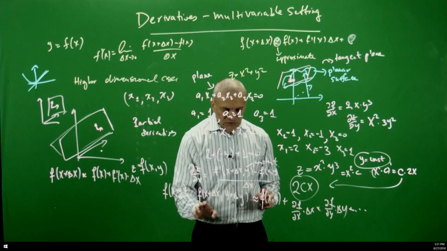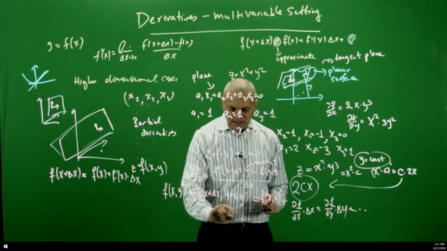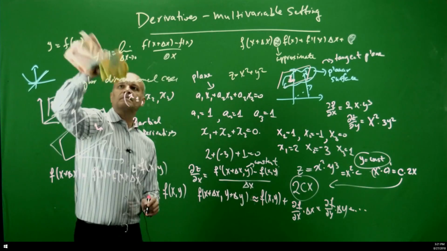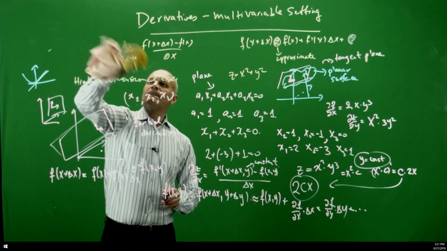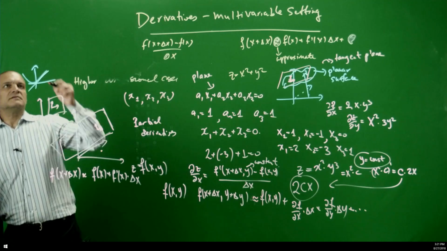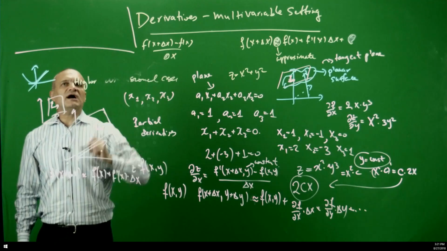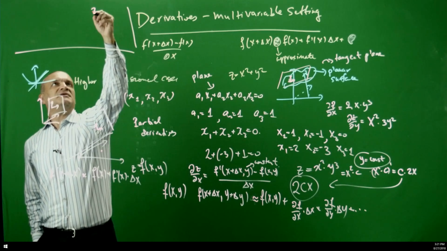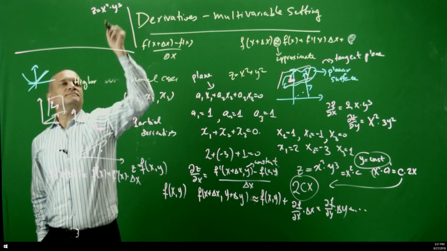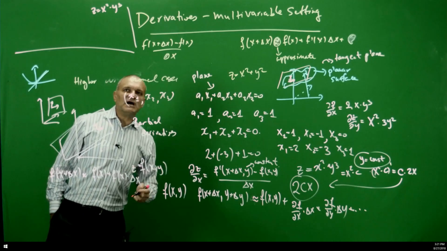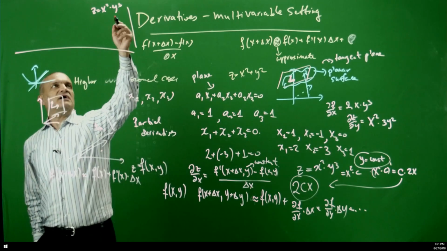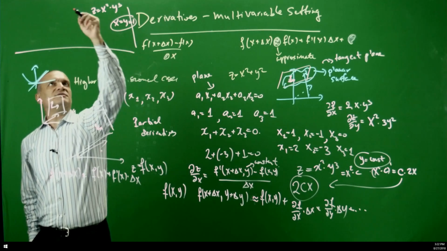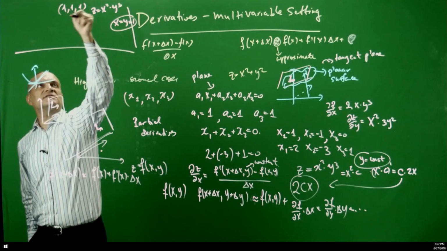So now, how do you use this formula in order to calculate these things? Let's take an example. Let's go back to z equals x squared times y cubed. Now you have x equals y equals 1, so the point 1, 1, 1, you know that it's on this curve.